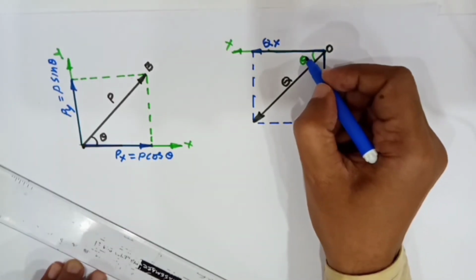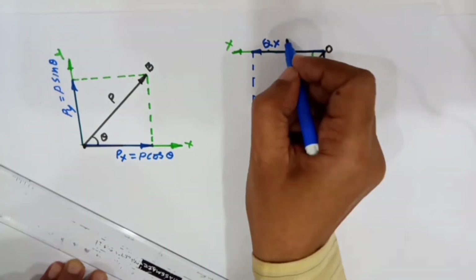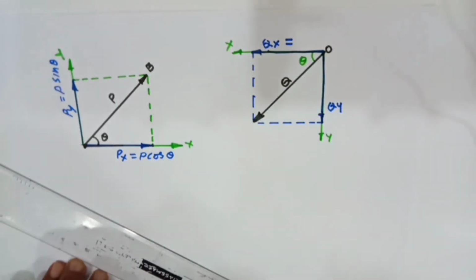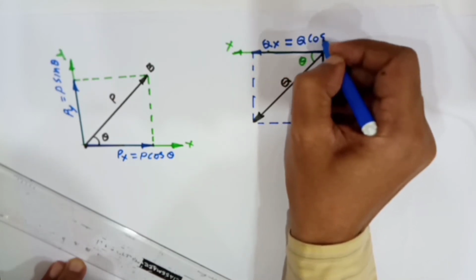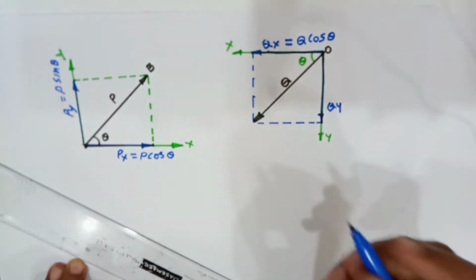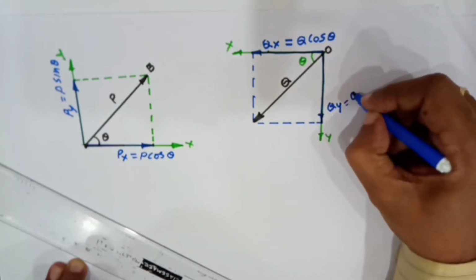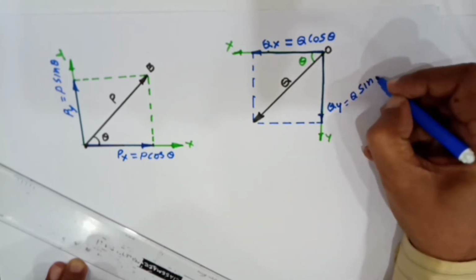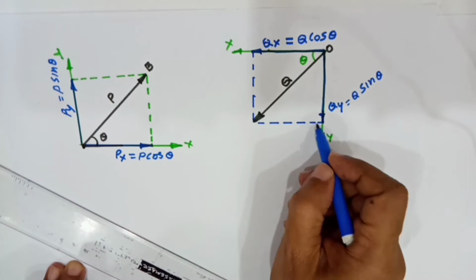This angle theta is with the x-axis, so Qx becomes Q cos theta and Qy becomes Q sin theta. This length and this length are the same.